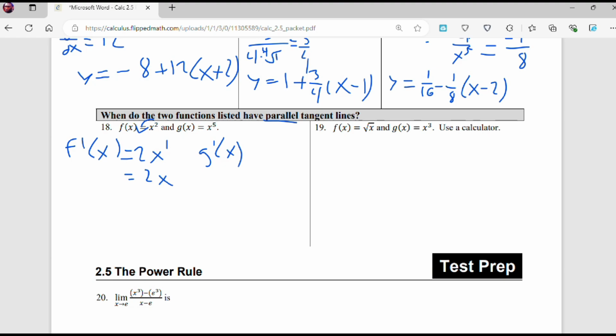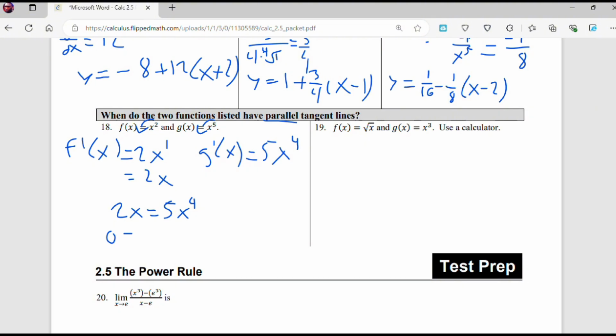But once you become a pro at this, or more comfortable, I should say, obviously you're not going to have to write the 1 down. Okay, g prime of x, we have x to the fifth, x to the n form, so you just bring the 5 down. 5 minus 1 is 4, and now we set these two things equal to each other.